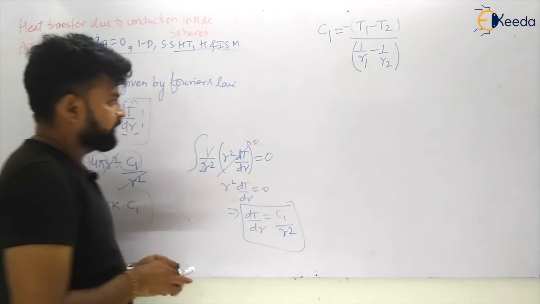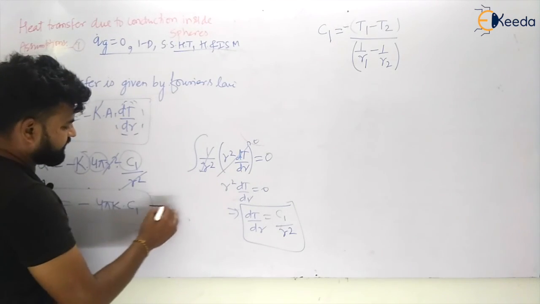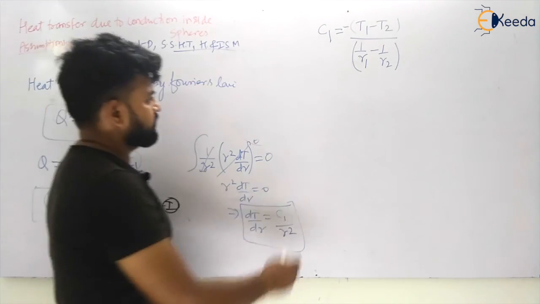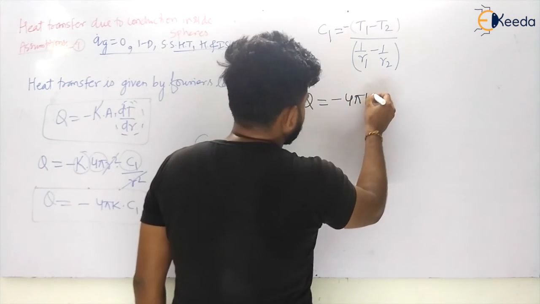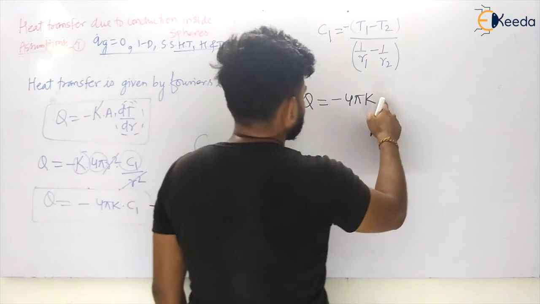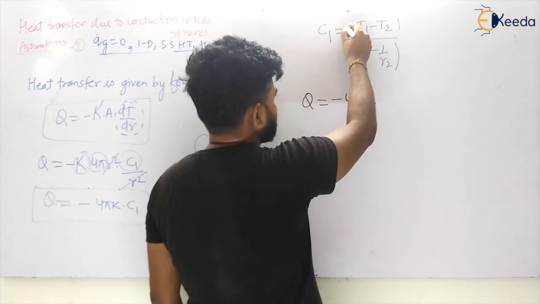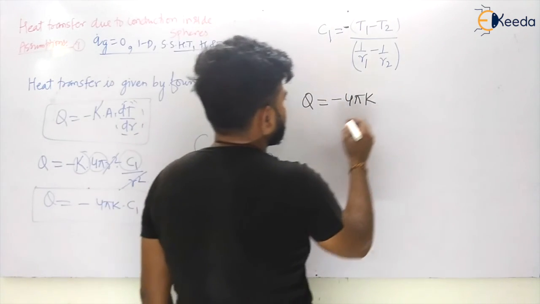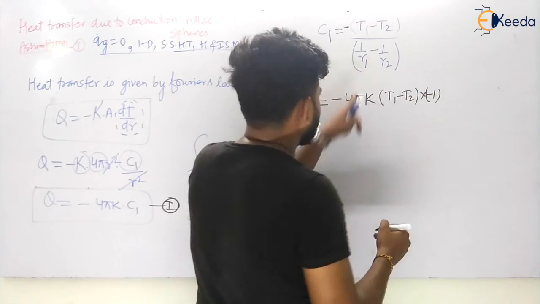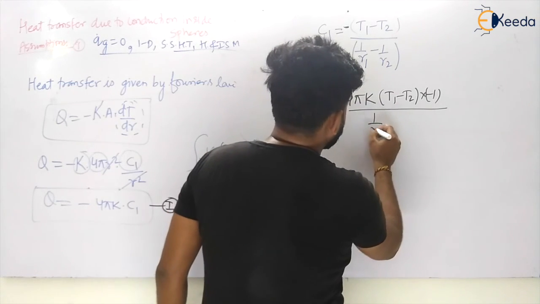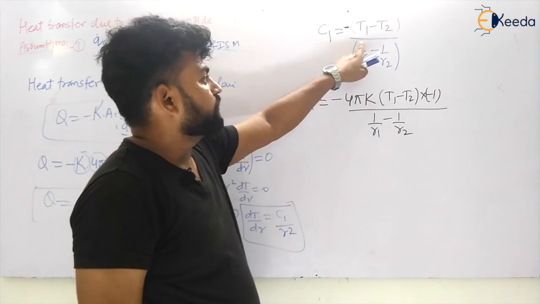So now, if I put this value inside this equation, can I have the heat transfer? Okay. So let us see what will be the heat transfer. Q will be equal to minus of 4 pi K C1. So C1 is equal to how much? I have taken that minus outside, my dear students, for cancelling this. So this will become T1 minus T2 into minus 1, and this is 1 upon R1 minus 1 upon R2. Why have I taken this minus common? Because then I will have R2 minus R1.